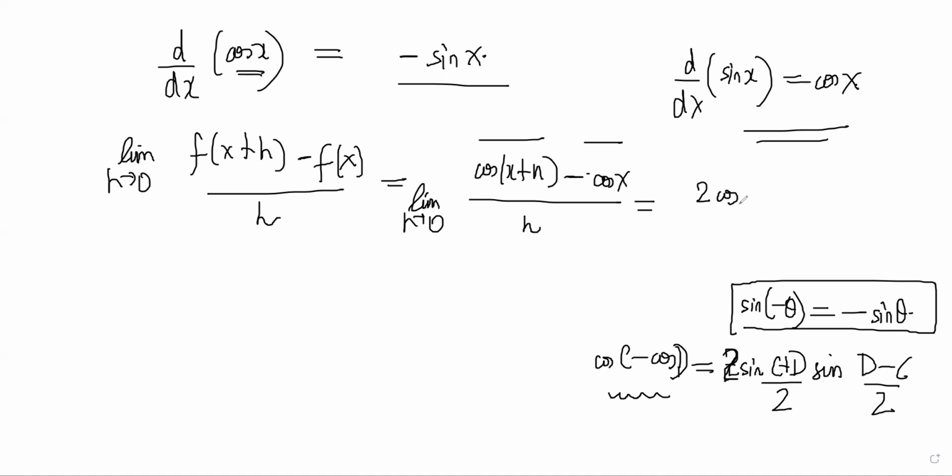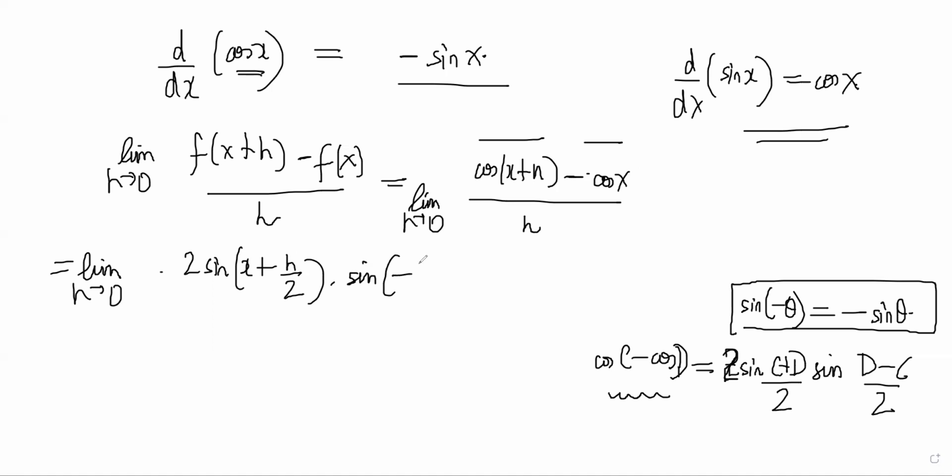However, in this case, notice when I apply this formula to this situation, I will get limit of h tends to 0, cos of this minus cos of this is, so 2 sine this plus this by 2, so x plus h by 2, and sine d minus c by 2, this minus this, so minus h by 2, by h, right?